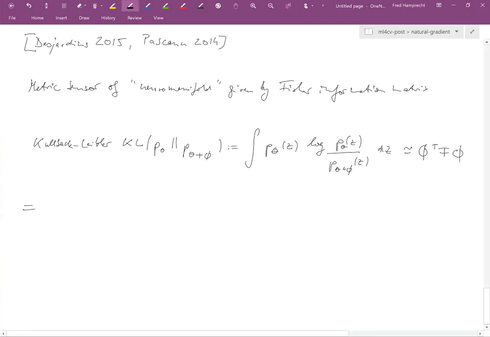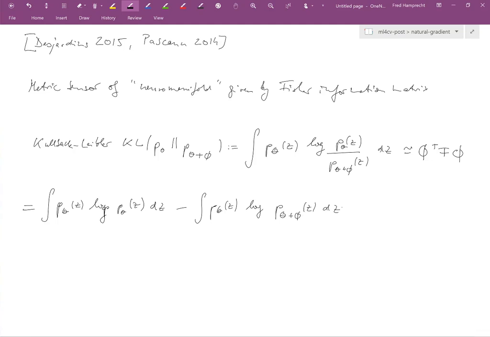So I'm starting by, we have a logarithm of a quotient. So I'm separating that into two terms, one of which is subtracted from the other. Log p theta of z minus, in this second term, because phi is small relative to theta, it can now be Taylor expanded.